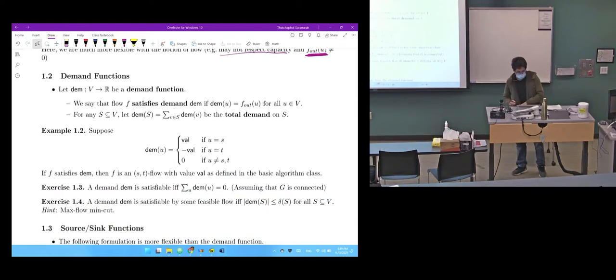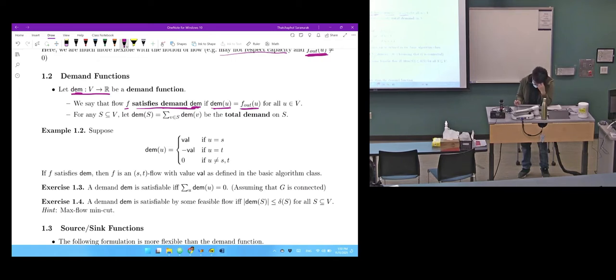Next is the demand function. A demand function is just a function that assigns a number to each node. We say the flow satisfies the demand if the flow out at every node is equal to the demand.